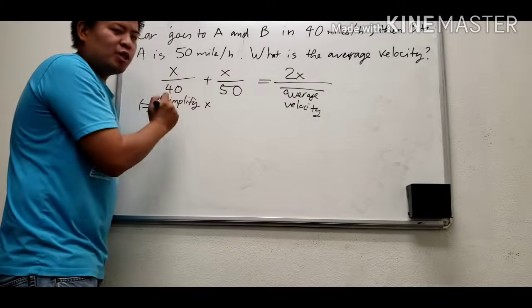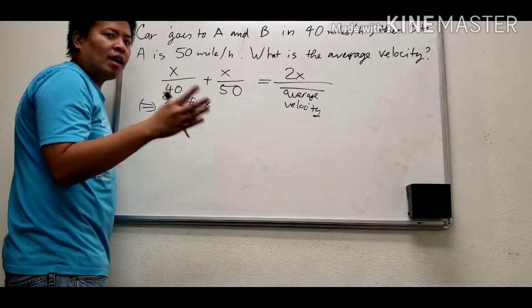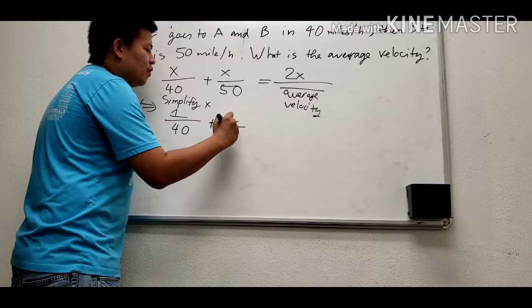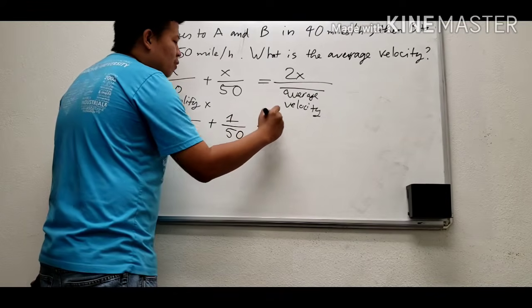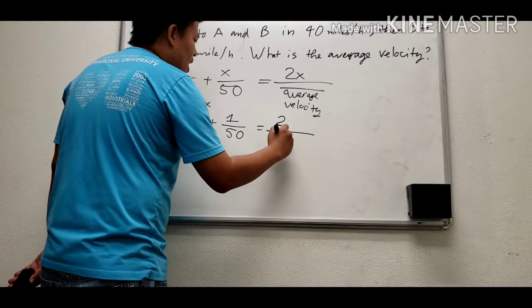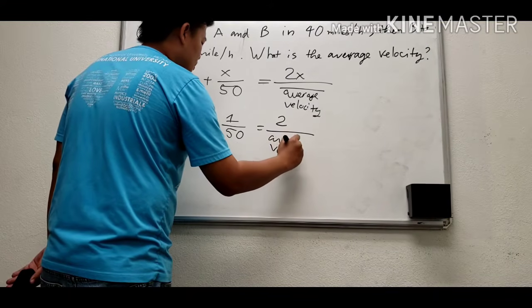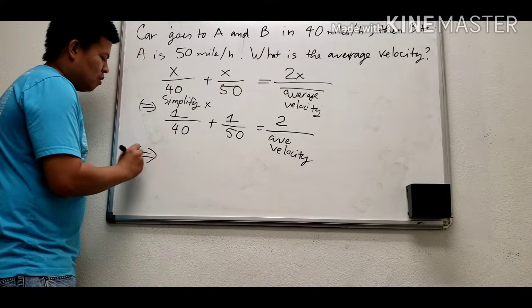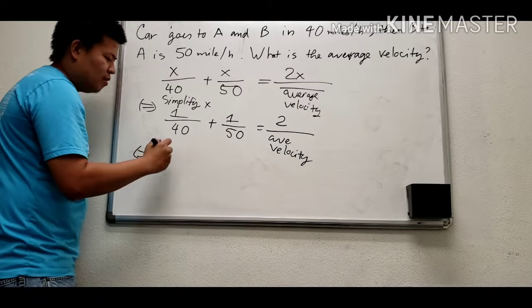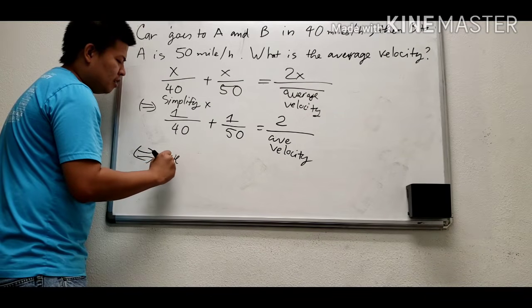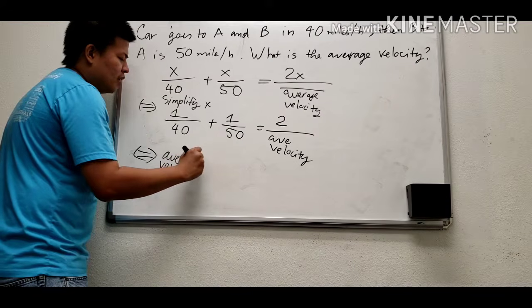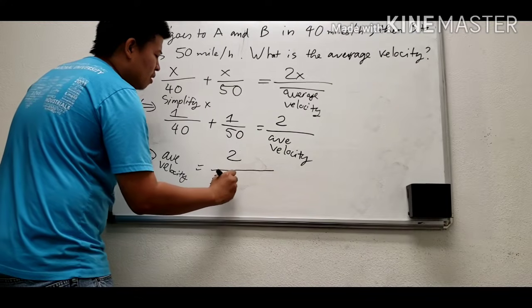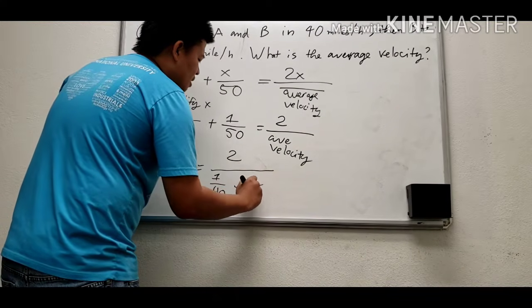Because we have S on both sides, we simplify by dividing by S. So we have 1 over 40 plus 1 over 50 equals 2 divided by the average velocity. So the average velocity equals 2 divided by (1 over 40 plus 1 over 50).